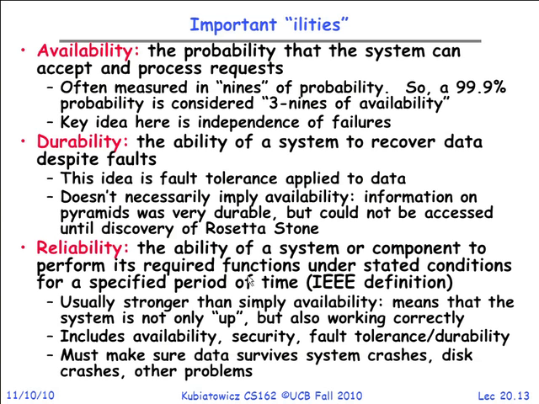It's usually stronger than simple availability, so it doesn't just mean you get an answer back, but you get a good answer. It includes things like availability, security, fault tolerance, durability, and so on. It makes sure that data survives system crashes and is available. So you might target availability or durability separately, or you might target reliability altogether. But in targeting reliability, you're probably going to have to deal with each of those components.